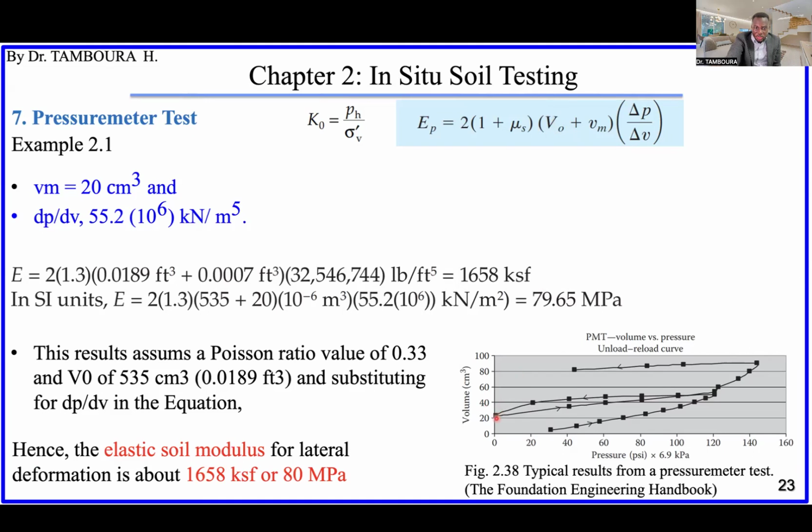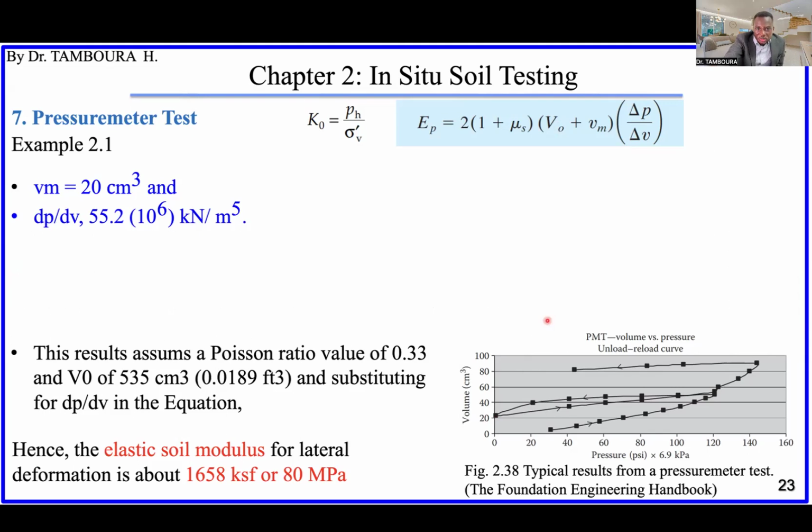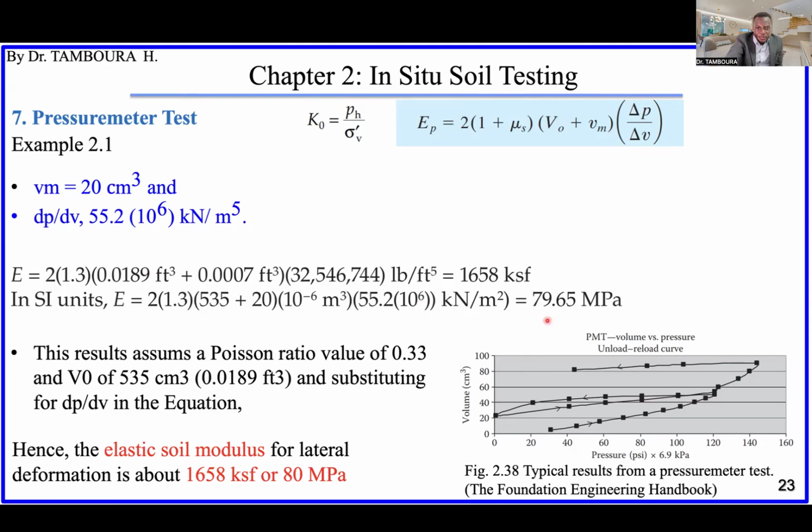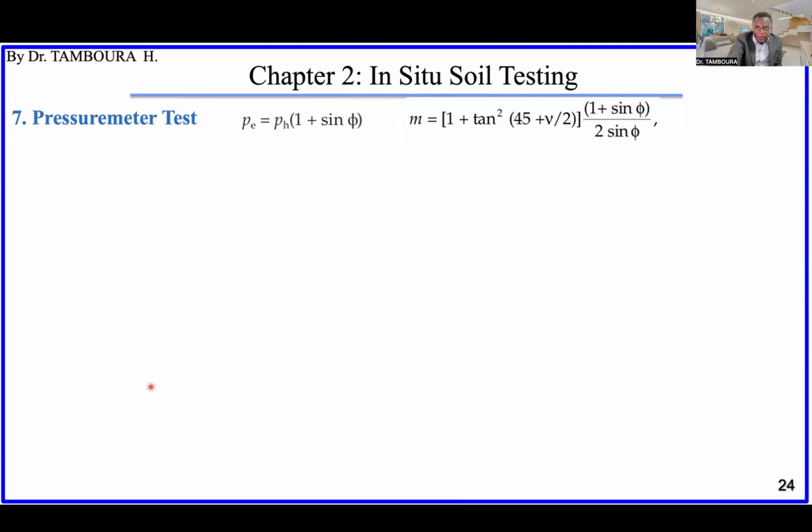Not related to the initial volume here. Related, but not the same as this volume here, okay? This is maybe a little bit confusing, I think. So please remember, in this formula, this is the volume you are supposed to use. This one.